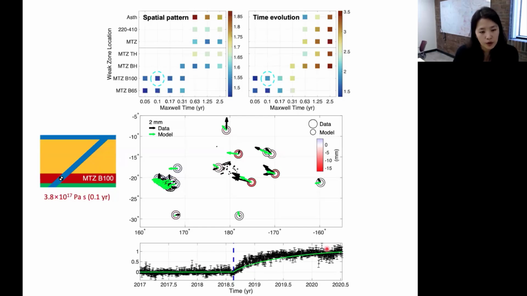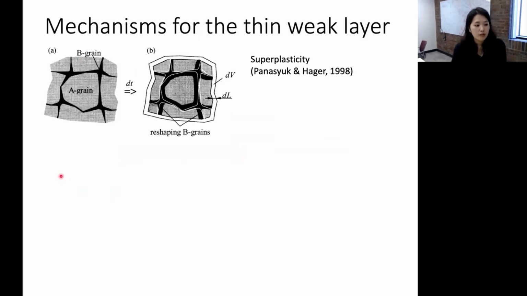So now that we know that observation really requires this relatively thin weak zone at the bottom of the upper mantle, we need to think about what's the mechanism, what can cause that kind of weak zone. Actually, many people have thought about this type of problem. And one of the ideas is involving phase transformation that's happening between upper and lower mantle.